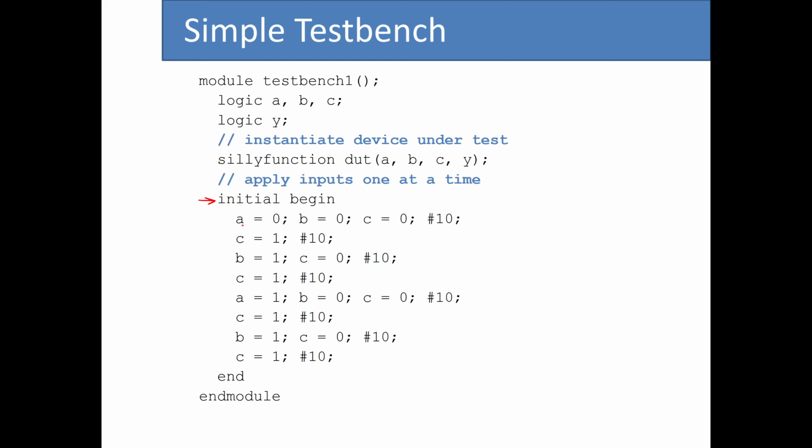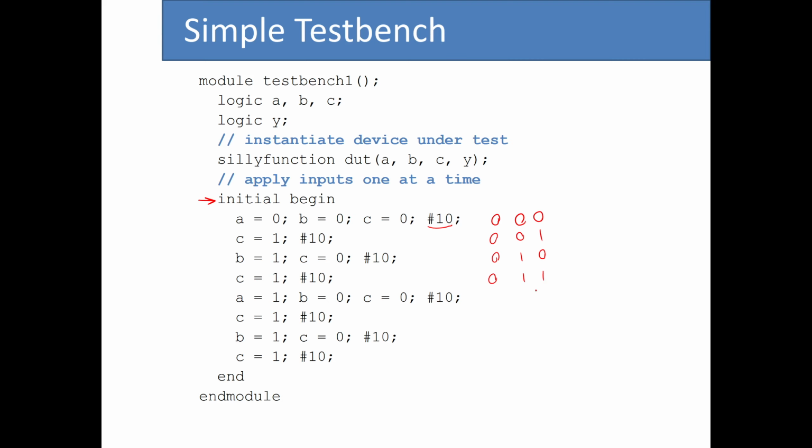At the beginning we assign A to be 0, B to be 0, and C to be 0, and we have #10, which means that we stay in this state for 10 units of time. After that, we change the value of C from 0 to 1, and then we wait 10 more units of time. So we have 0, 0, 0, then 0, 0, 1, then we change B to 1 and C to 0, so 0, 1, 0, and then we change C to 1, so 0, 1, 1.